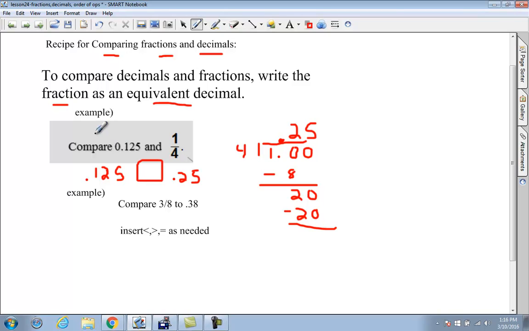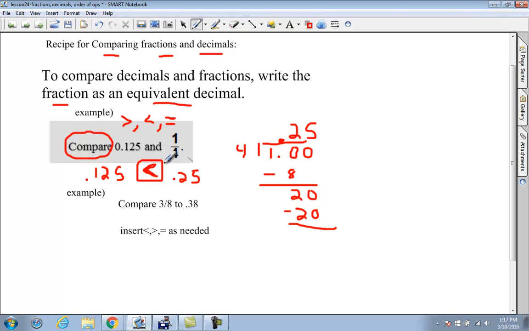And when you say compare, that means insert a greater than, less than, or equal to symbol. So I think of money: 0.125 is really close to 13 cents, and 13 cents is definitely less than 25 cents, so less than.